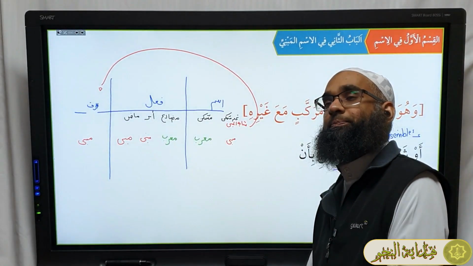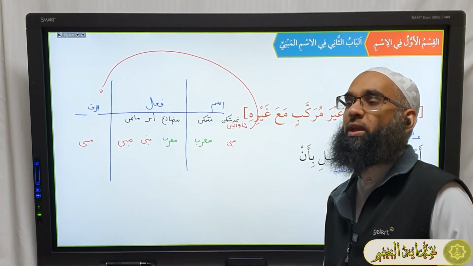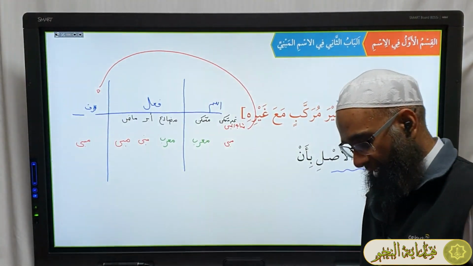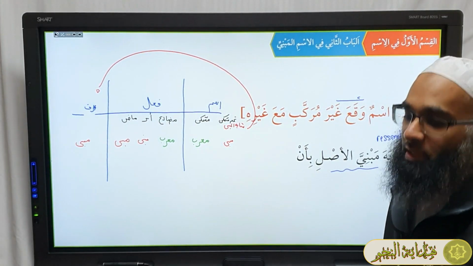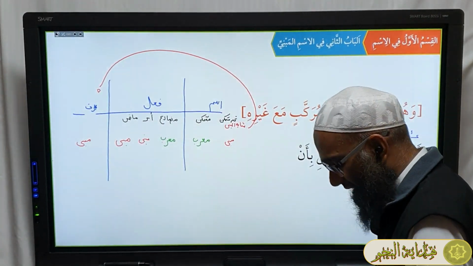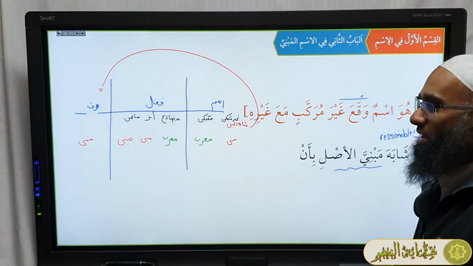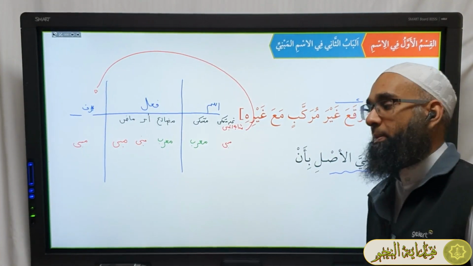The question is, when we said here that when a word is ghayr murakkab, is the default not marfu'? Yes, some have said that. So this taqsim of Hidayatun Nahw, that when a word is not in a tarkib, it becomes mabni, is not unanimous. That's his way of saying it. Other books have not mentioned this. So this is only his ijtihad, his opinion.